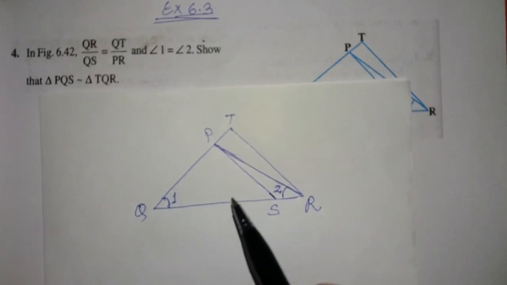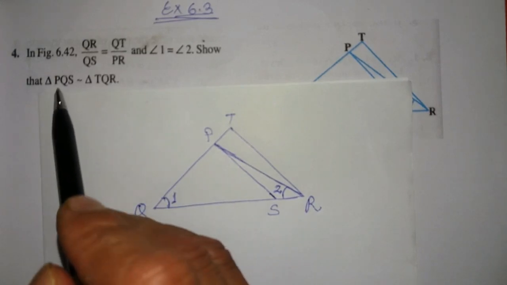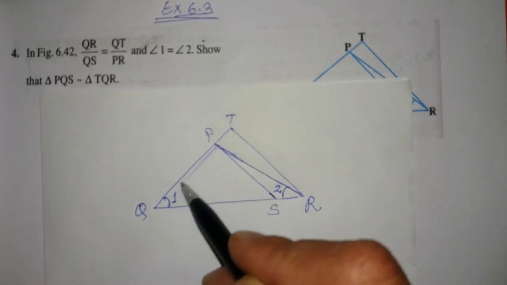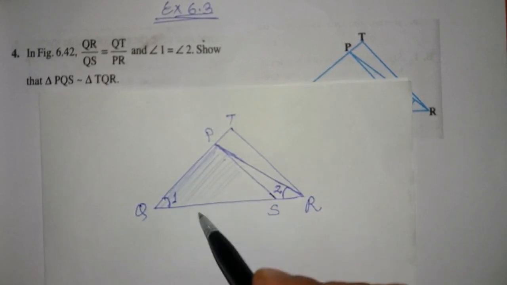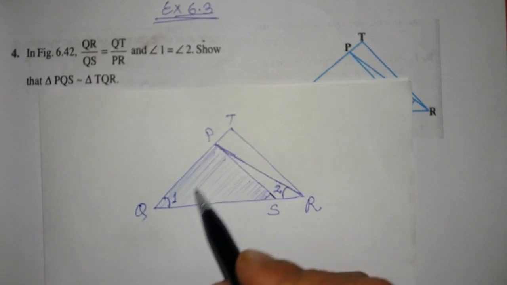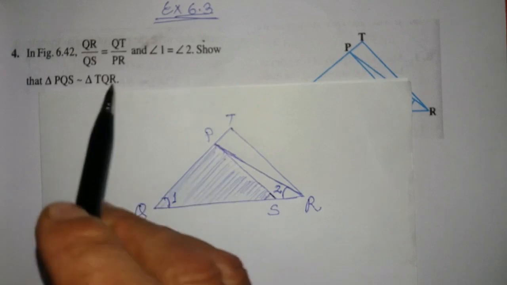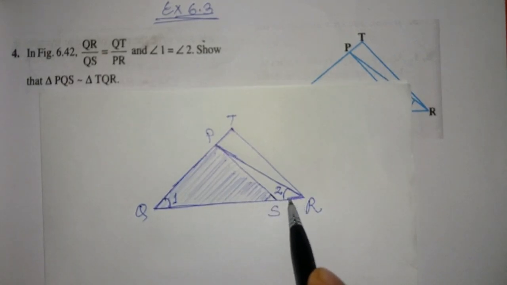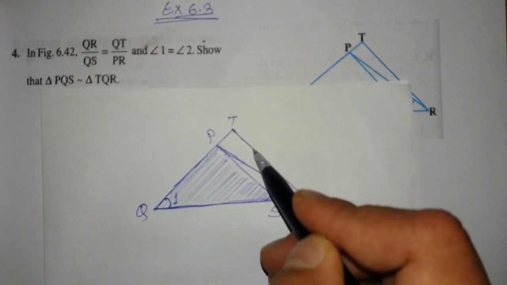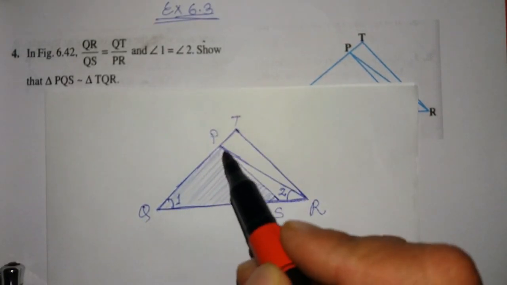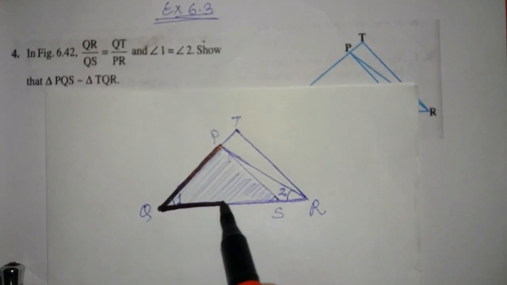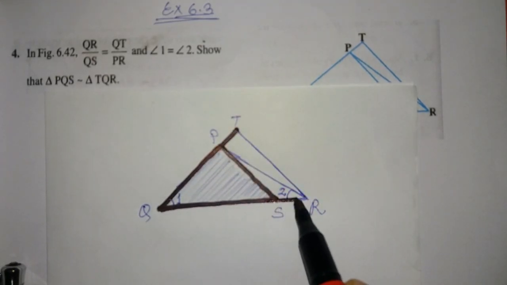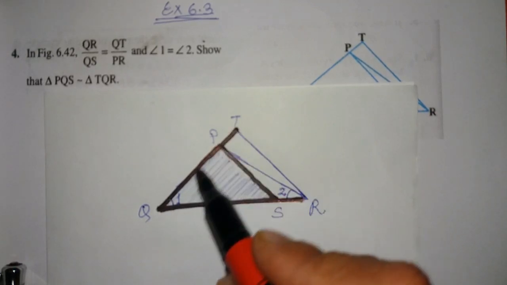So what we're going to prove in this question is that triangle PQS, this small triangle PQS, is similar to triangle TQR, this big triangle TQR.